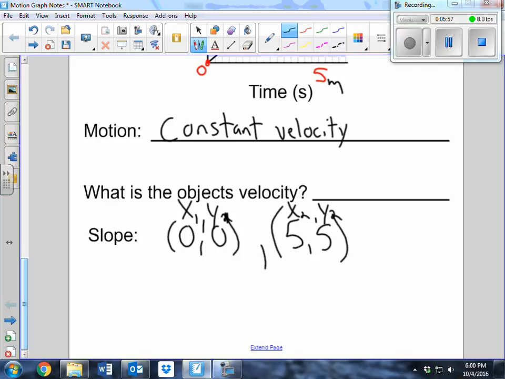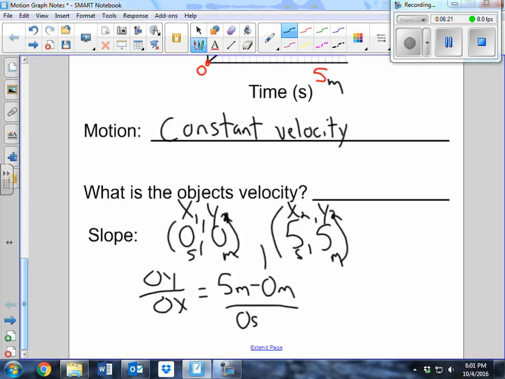You guys should technically be able to do that in your sleep by now, because you've done this so many times in other classes. So it's my delta y over my delta x. x is seconds, y is meters. So I have 5 meters minus 0 meters over 5 seconds minus 0 seconds, which leaves me with 5 meters divided by 5 seconds equals 1 meter per second.